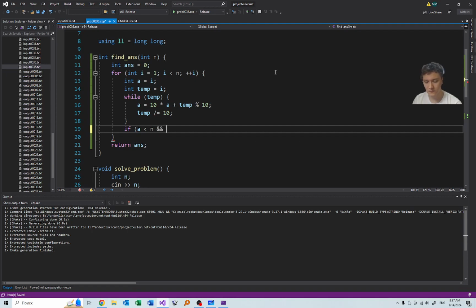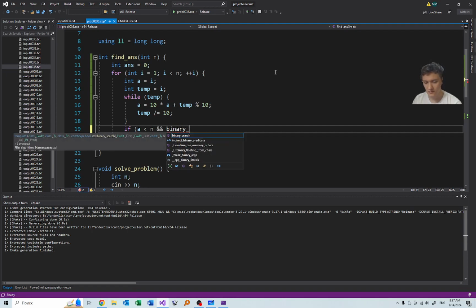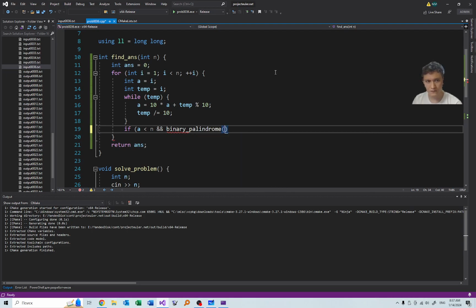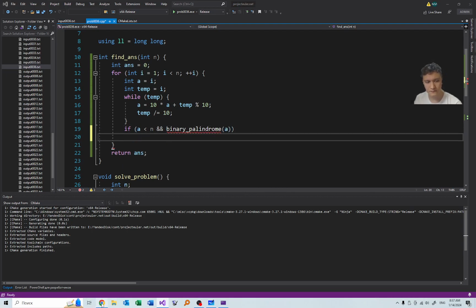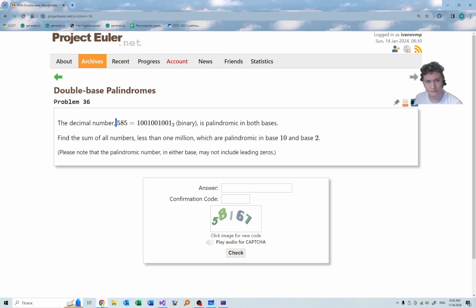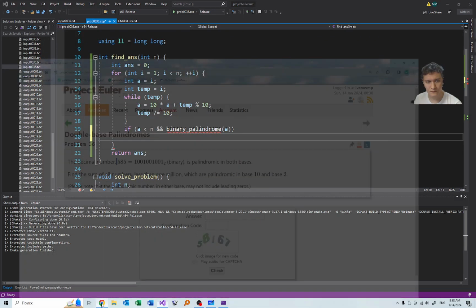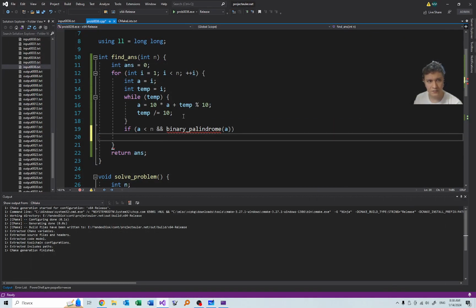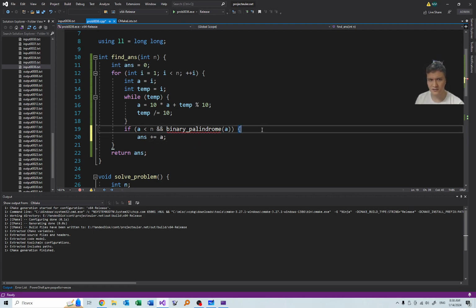So if binary palindrome of a, then what do I do? I add it to the sum. I say ans plus equals a, and let's print it because it is interesting.